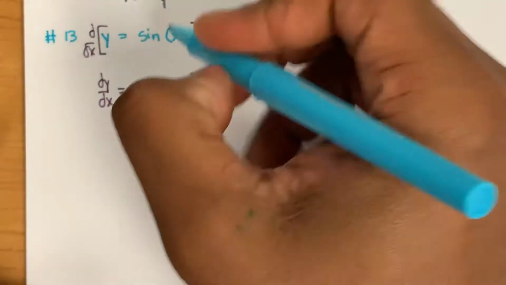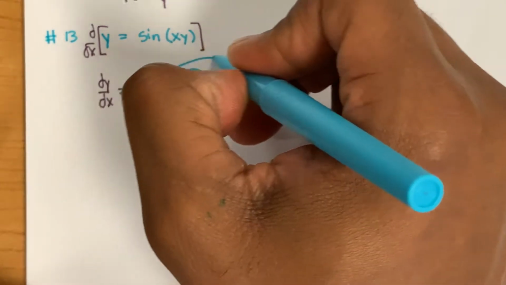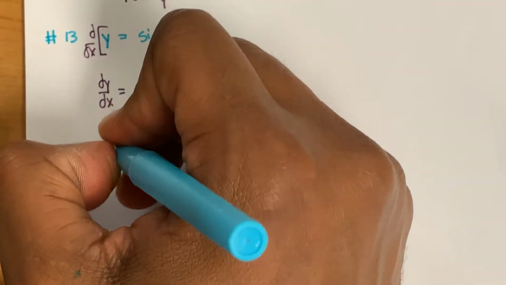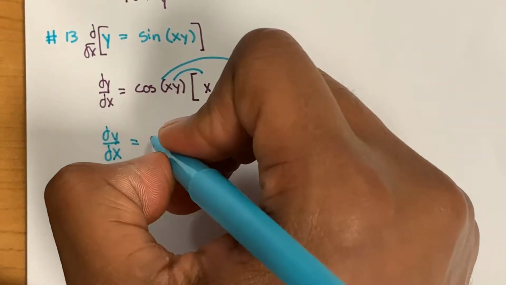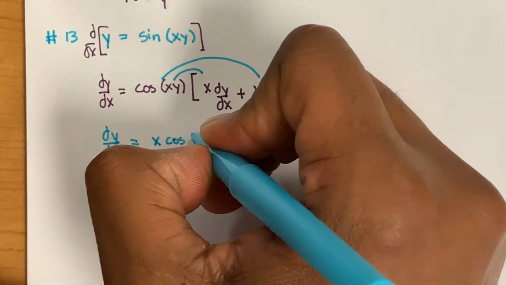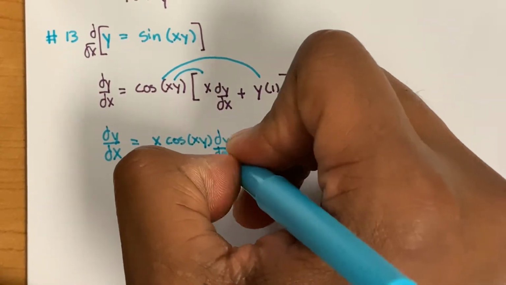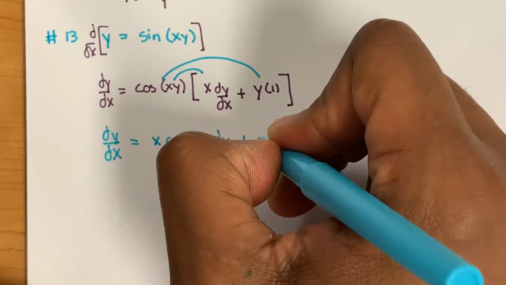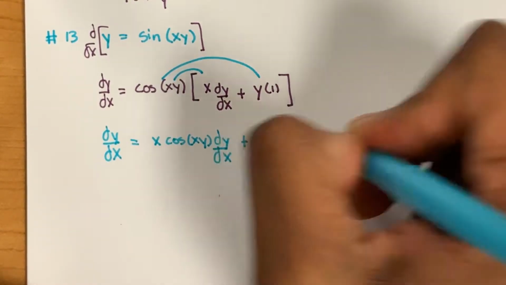The easiest way to do this is going to be to distribute the cosine xy to both of those terms. So we get dy over dx equals x cosine xy dy over dx plus y times the cosine of xy.